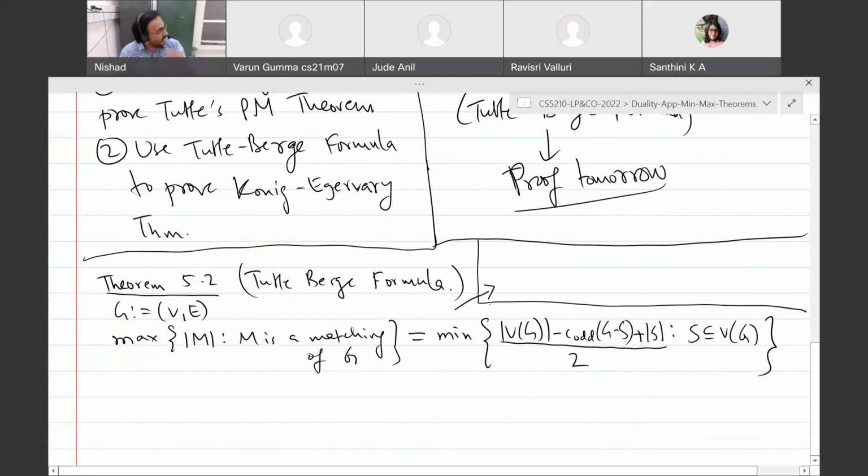So observe that the less than or equal to part is easy. We already discussed that, and this is the difficult part.